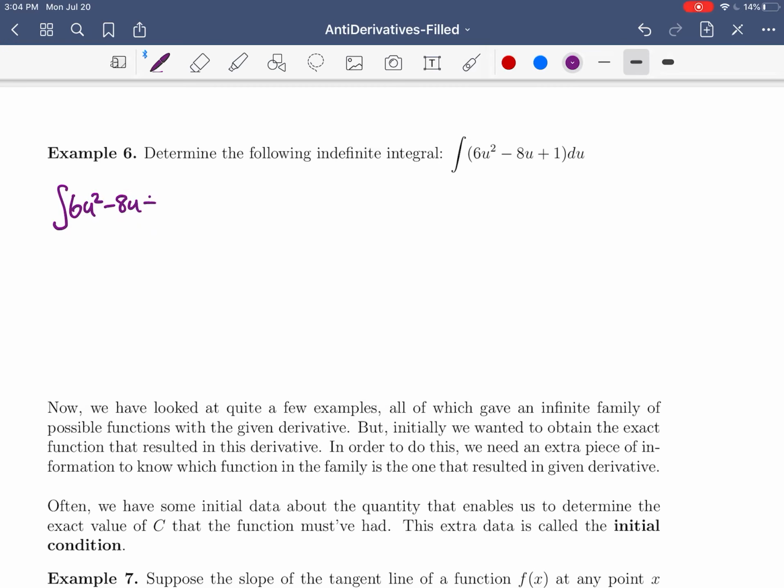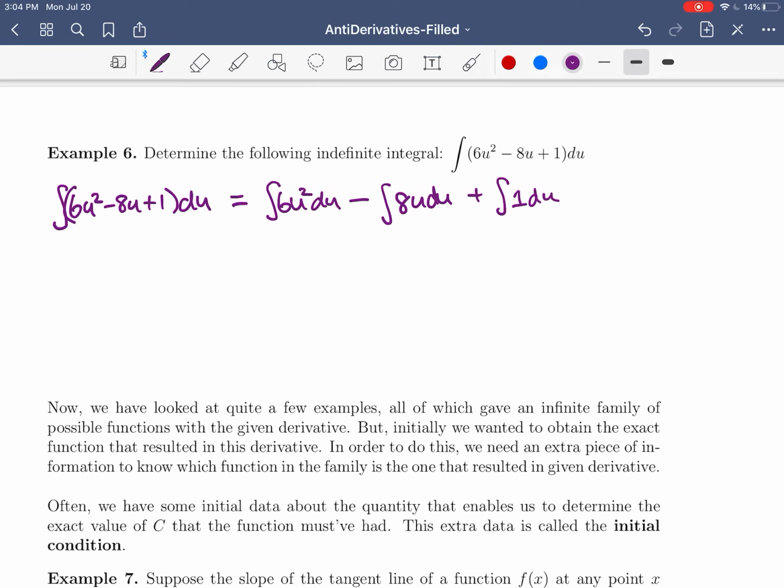So the sum or difference rule says that I can do each one of these separately: the indefinite integral of 6u squared du, minus the indefinite integral of 8u du, plus the indefinite integral of 1 du.